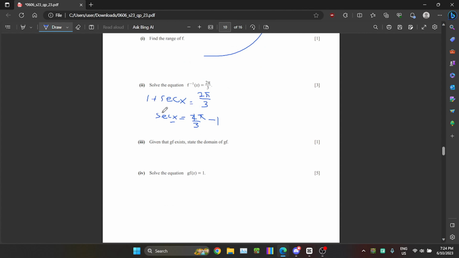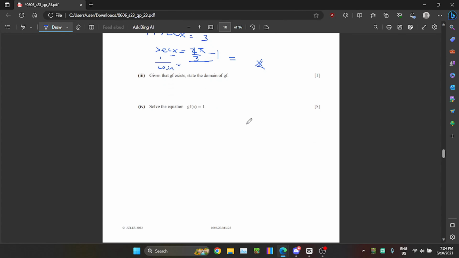Usually on a calculator you can solve this with arc tan or arc sin, but this is sec, and sec is actually 1 over cos x. So we have to do 1 over inverse cos of (2 pi over 3 minus 1) to get x, which should give you the answer here.